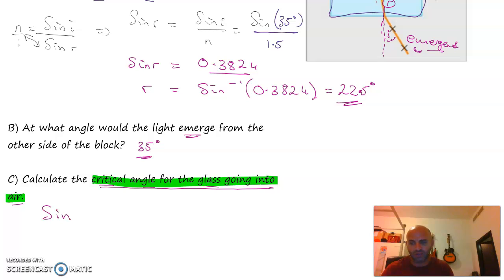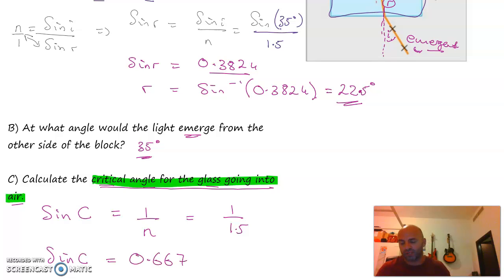So the sine of the critical angle is 1 over the refractive index. We know that the refractive index is 1.5, so 1 over 1.5 works out to be sine of the critical angle is equal to 0.667.